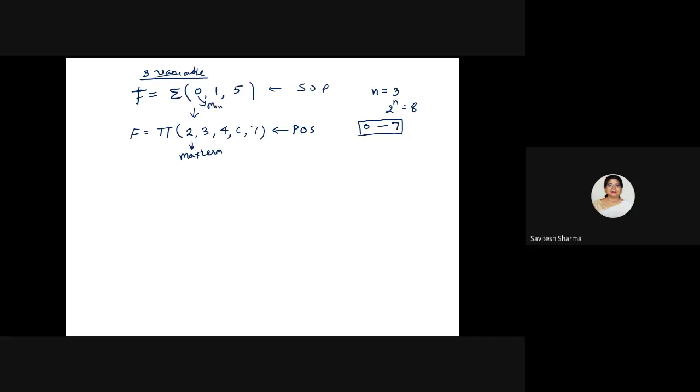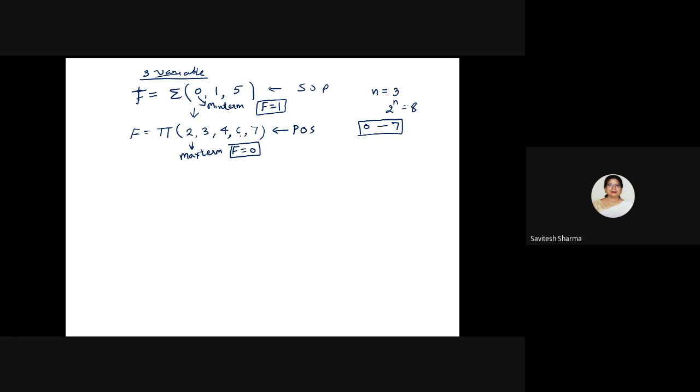Min terms correspond to when your function shows output 1, meaning these are the terms for which your function is 1. And max terms are the combinations for which your output is 0. Got it? So if I ask you to draw a truth table, can you draw a truth table?